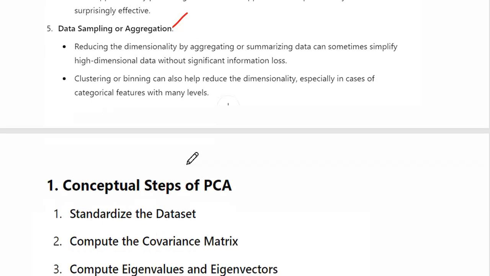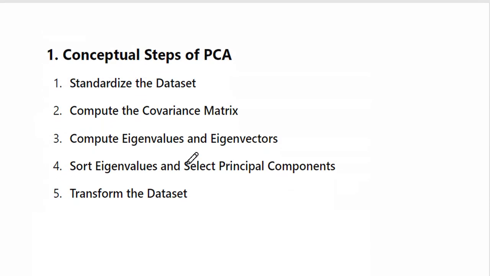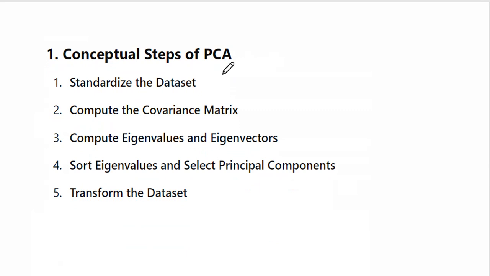There are so many. But in this lecture, I would like to explain how to reduce the dimensionality using principal component analysis, the technique called PCA. Let us try to understand in a mathematical way how the dimensionality is reduced with the concept of principal component analysis.